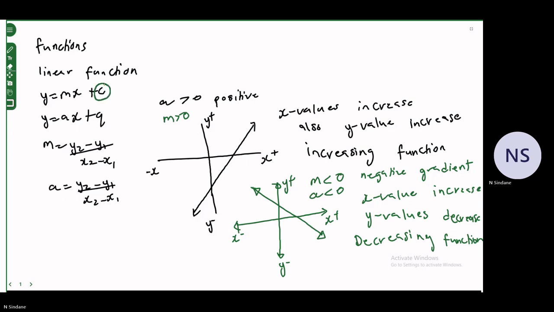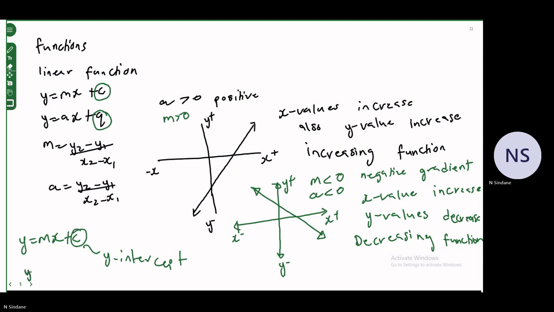Now, let's talk about the constant part. That represents the y-intercept of the graph. Again, we have y = mx + c, where this c is the y-intercept of the graph, right?